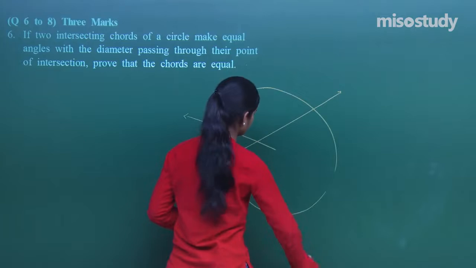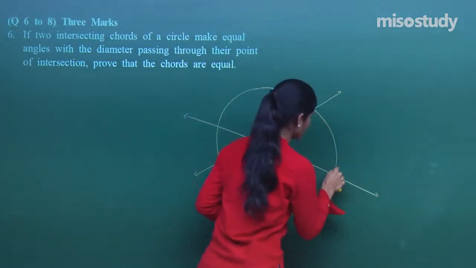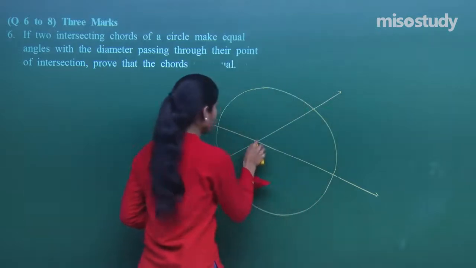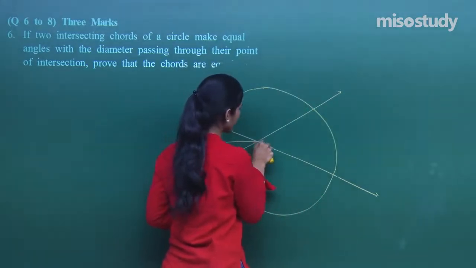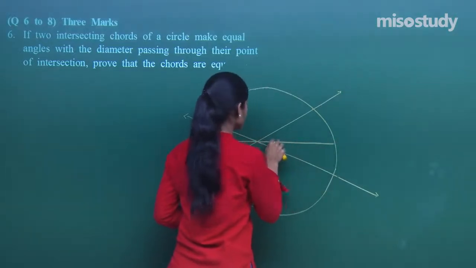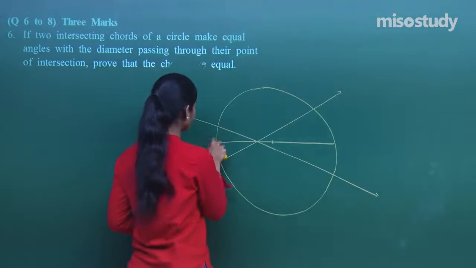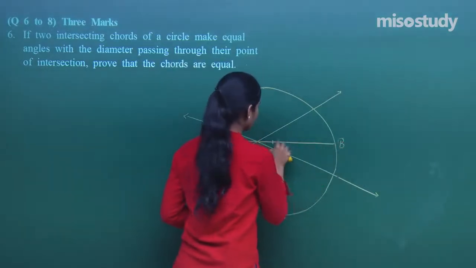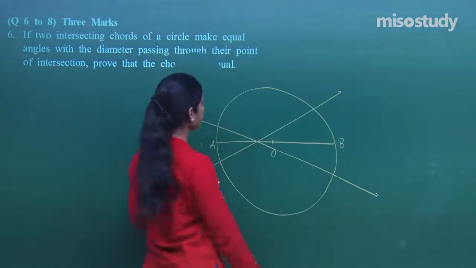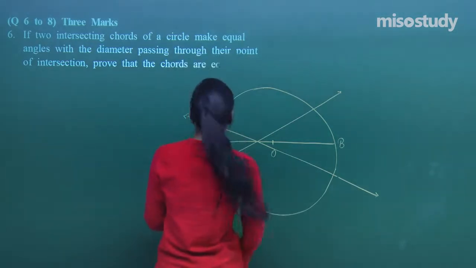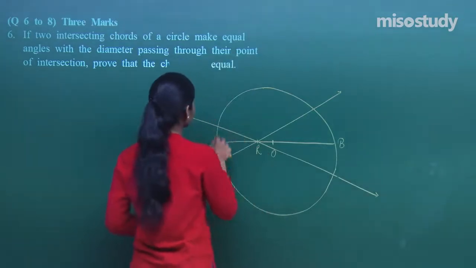Let me draw it again. Okay, so I have what? Passing through their point of intersection, this is the diameter of the circle. Somewhere here say is the center of the circle. Fine, this is my diameter, say AB, and this is say the center of the circle O. Fine. What is it saying? This point is say R. Prove that the chords are equal.